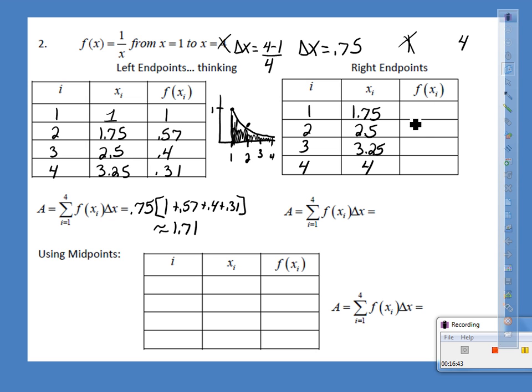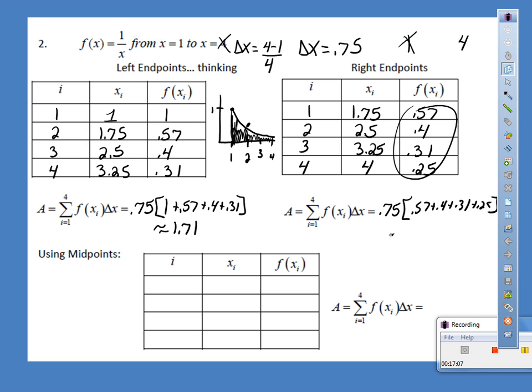When I ran those through, I had 0.57, 0.4, 0.31, and 0.25. So the estimated area, the area of each rectangle, 0.75, times the sum of those numbers. And when I approximated that, I had about 1.15.